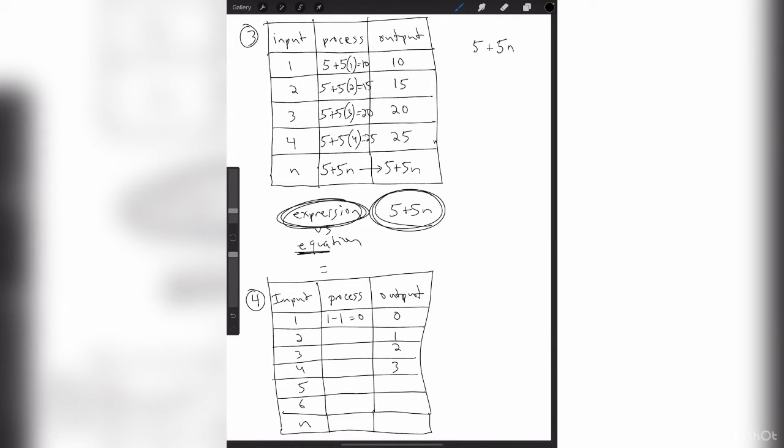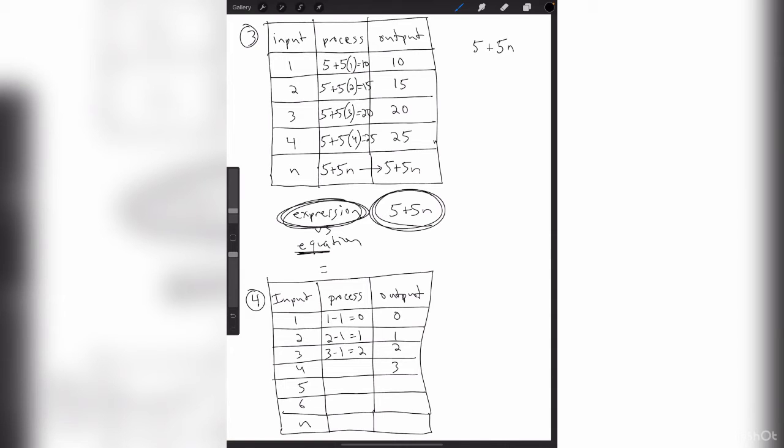Okay, and my process from 2 to get to 1 would be 2 minus 1 equals 1. So it looks like, and I'm going to try this last one, 3 minus 2 equals 1. Whoops. 3 minus 1 equals 2.